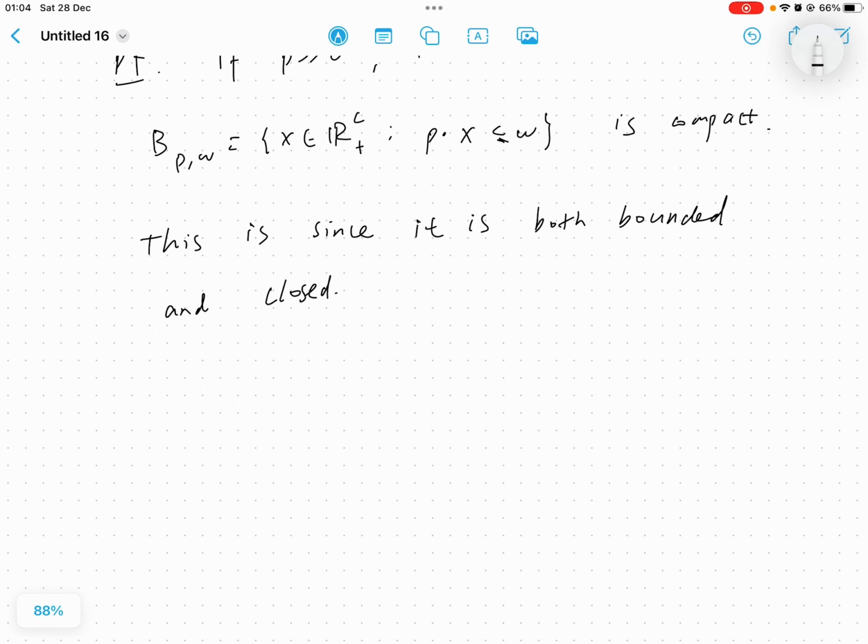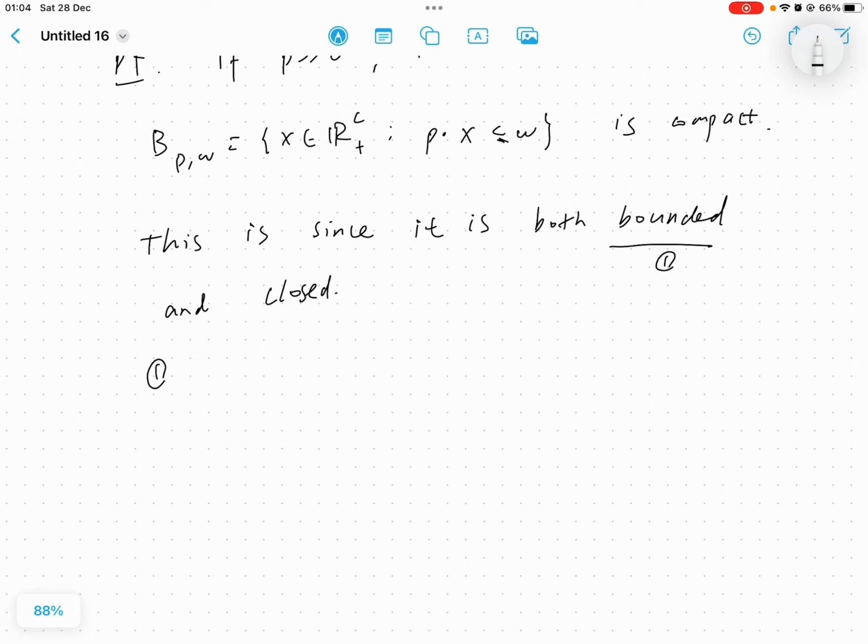So for the first argument, why it is bounded, okay. This is simply because it doesn't reach the infinity. Okay, so it is still finite.